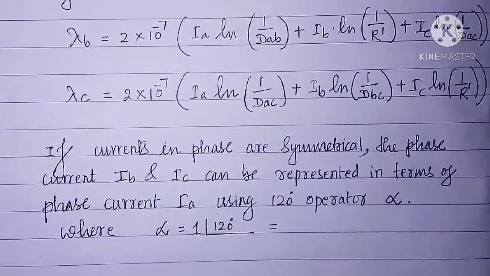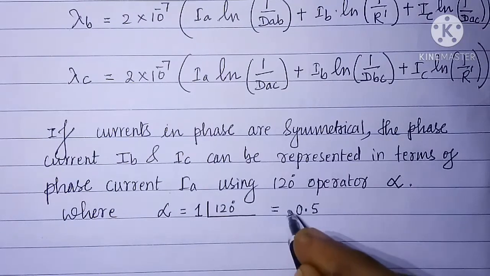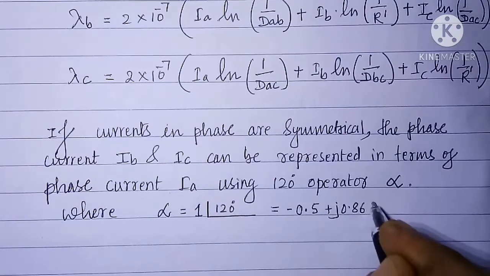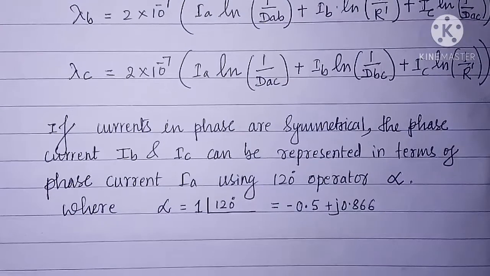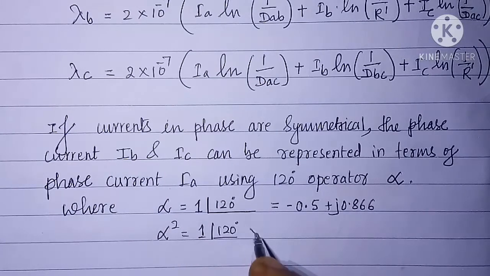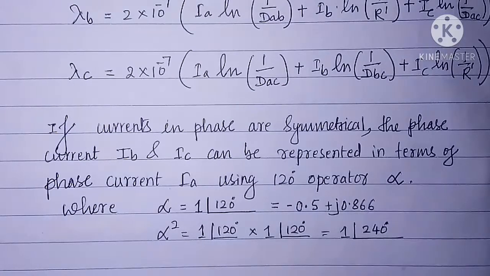In rectangular form, it is minus 0.5 plus j 0.866. Alpha square is 1 at an angle of 120 into 1 at an angle of 120 degree equal to 1 at an angle of 240 degree.